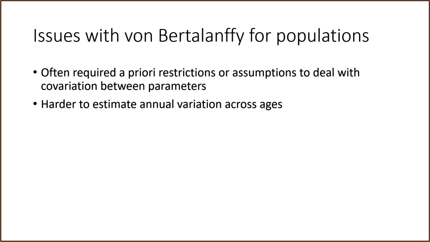We generally don't have enough data to say, if I'm born in 1987, I'm going to grow with these parameters in '88, and these in '89, and these in '90. The model becomes over-parameterized, and you don't have enough data to fit that.